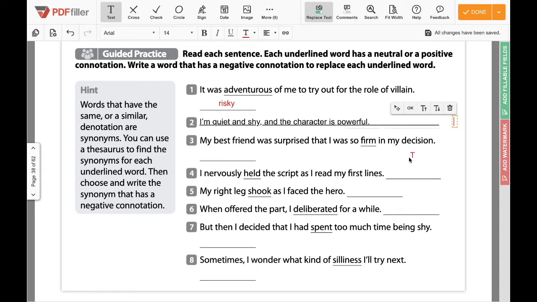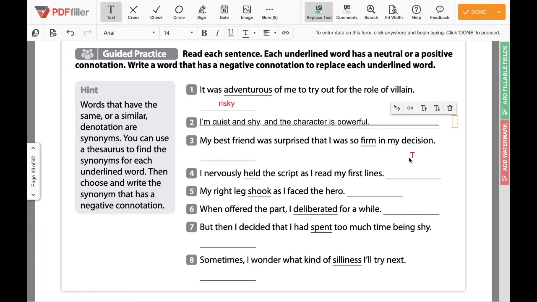But you're not looking for a word that means the opposite. You're looking for a synonym that means the same thing, but that people would take in a more negative way, or take in a way that would mean that what is happening there is not good. So we're not looking for the opposite of powerful. So we wouldn't put something like weak. We would put something that would be taken more negatively.